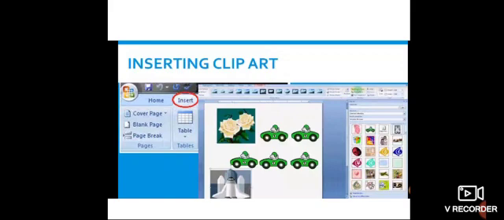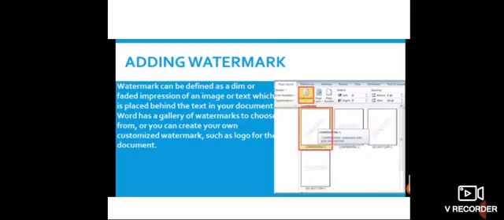Now, how to add a watermark? A watermark can be defined as a dim or faded impression of an image or text which is placed behind the text in your document. Word has a gallery of watermarks to choose from, or you can create your own customized watermark, such as a logo for the document. So, how can you create a watermark?